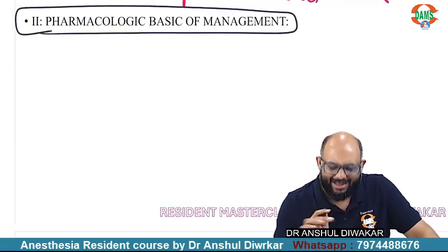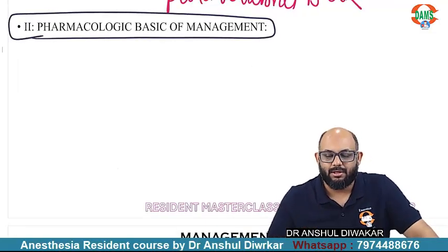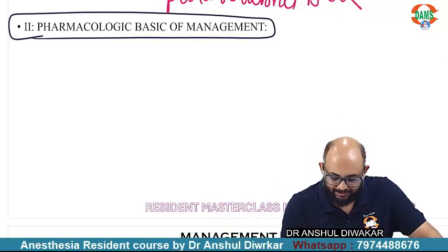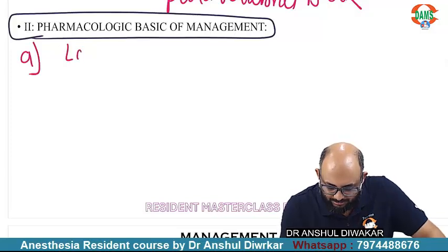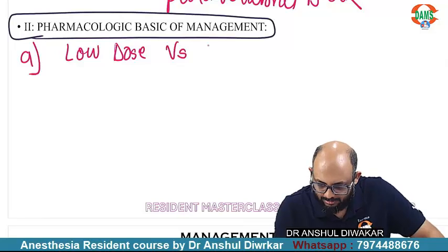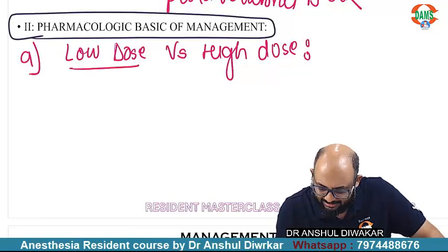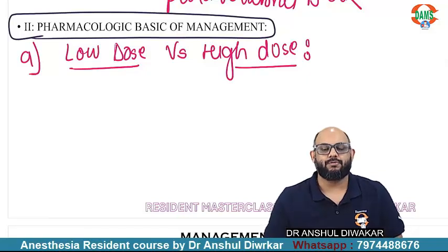Let's talk about the pharmacological basis of management. It has to have a concept, some calculation. Why stop for such a time? Why stop for that time? The first is how they have defined the dose. There is a low dose versus a high dose. We previously said prophylactic versus therapeutic, but why have they changed it to low versus high?